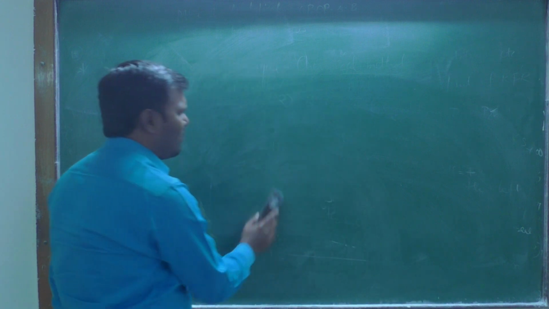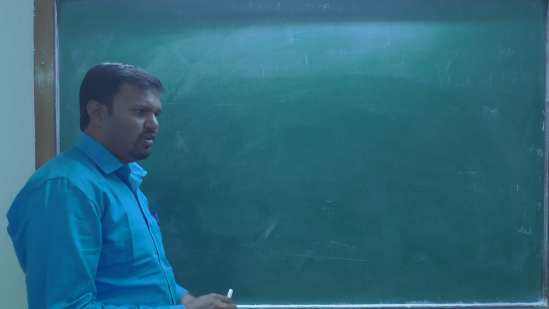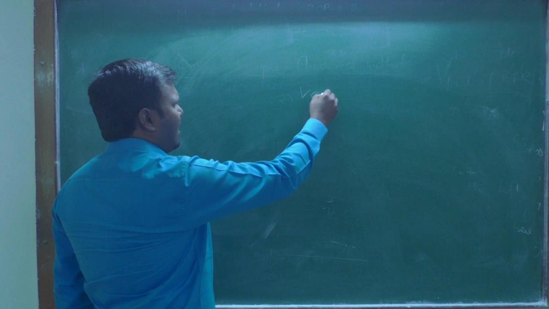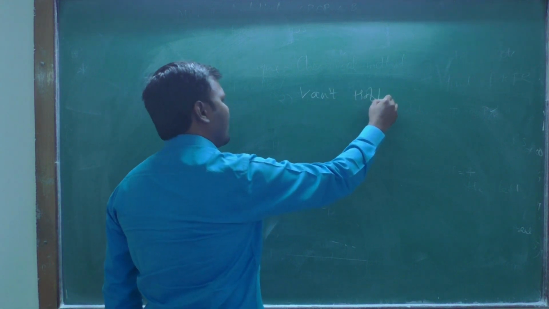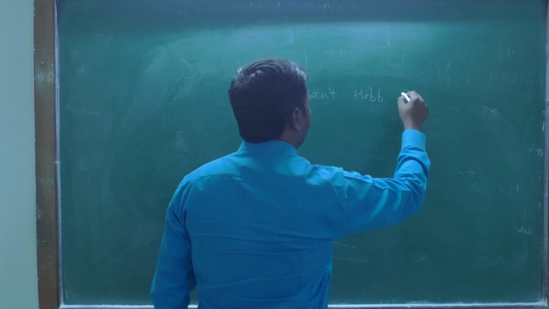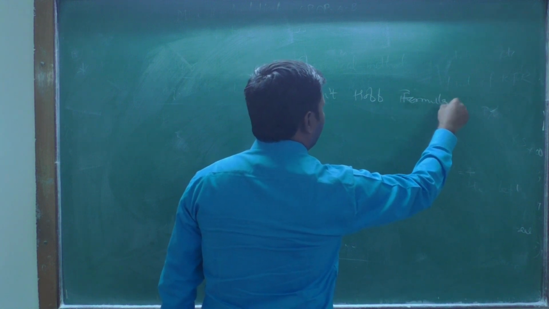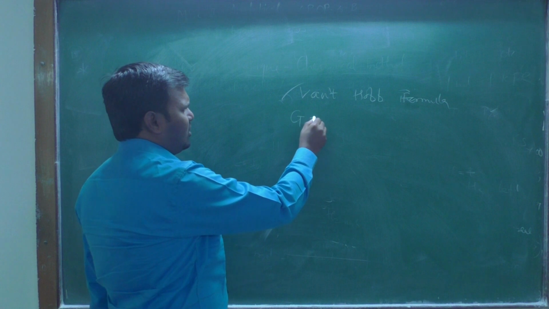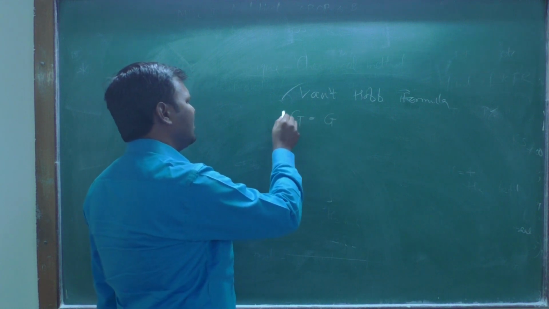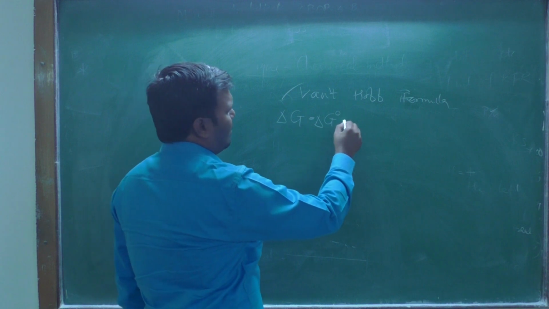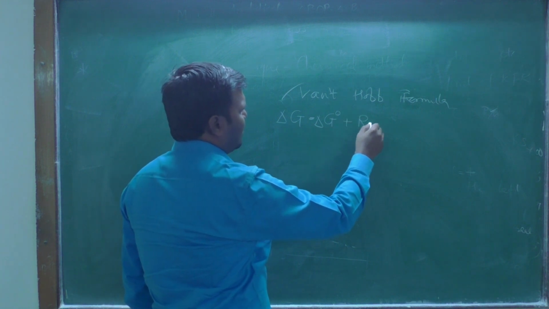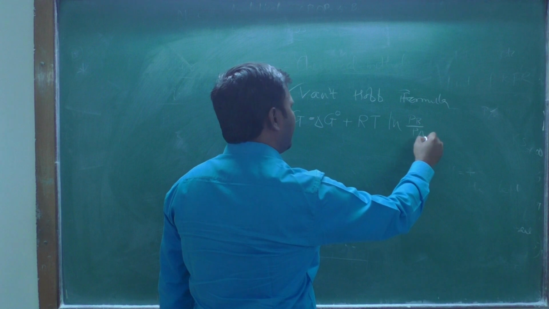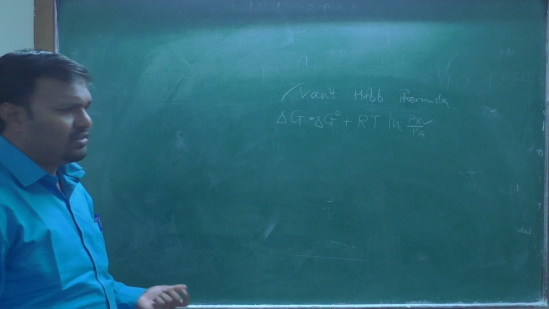Then we will study the Van't Hoff equation, which gives an idea about endothermic and exothermic reactions. For the Van't Hoff formula, we will find it from the relation delta G is equal to delta G naught plus RT ln PB upon PA. That relation we have studied.